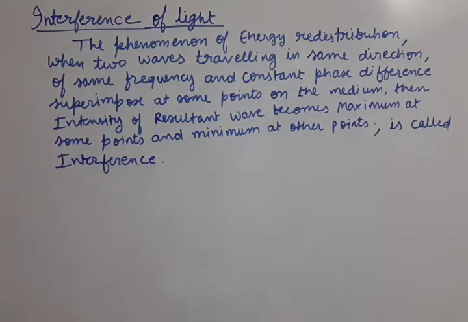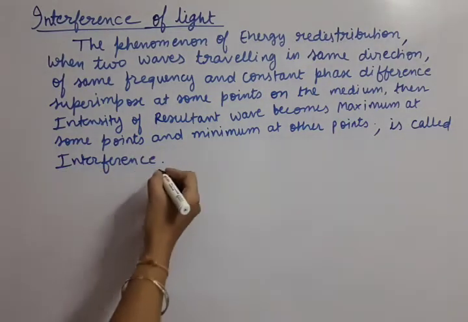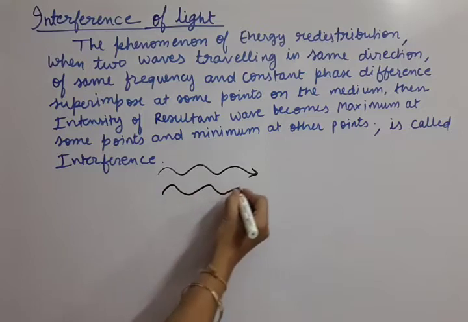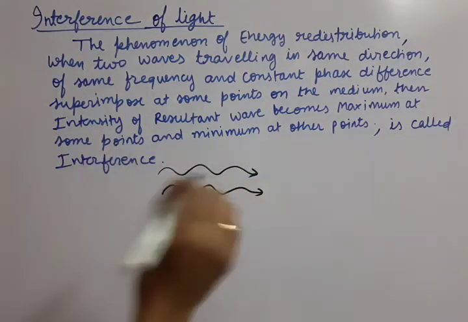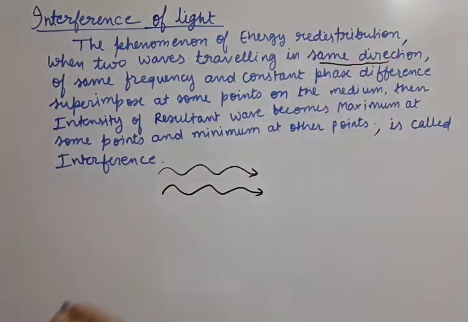So it will be this way, that we have to take one light wave and second light wave traveling in the same direction. So we can underline the conditions which are required, that we have to take two light waves traveling in the same direction.